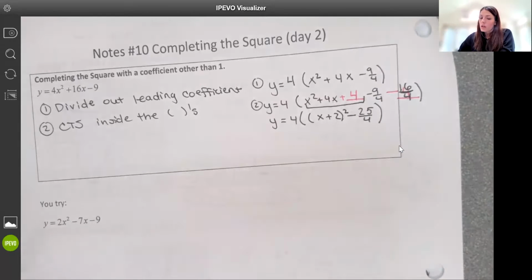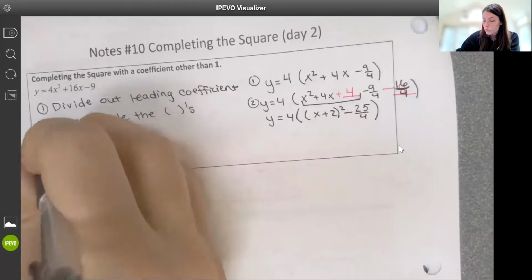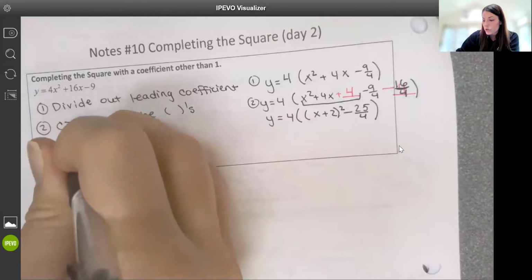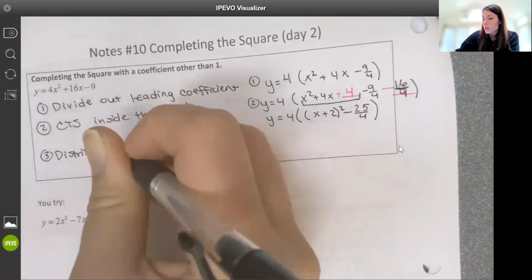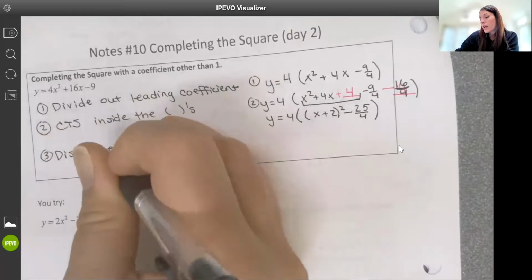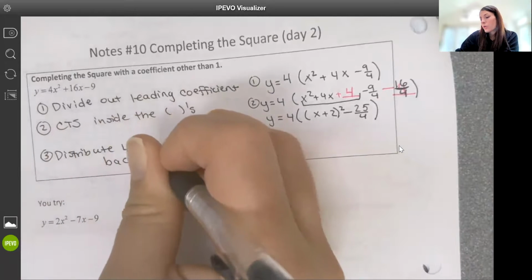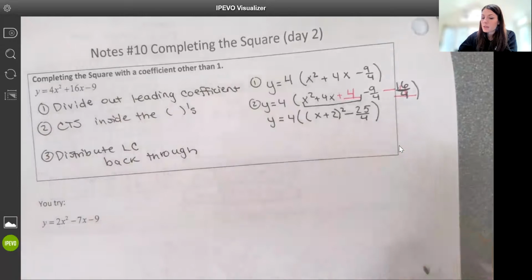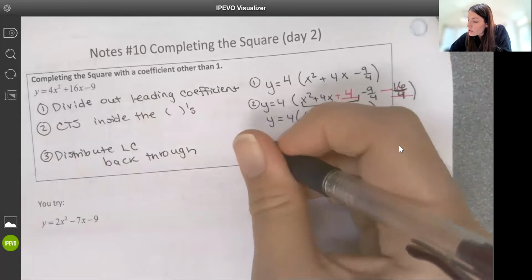Now here comes the trickiest piece, which is to get it back into vertex form. We are going to distribute the leading coefficient back through the parentheses. So here's my step 3.